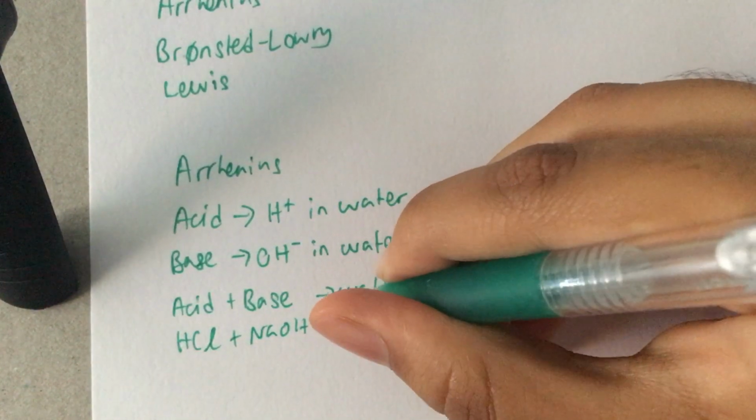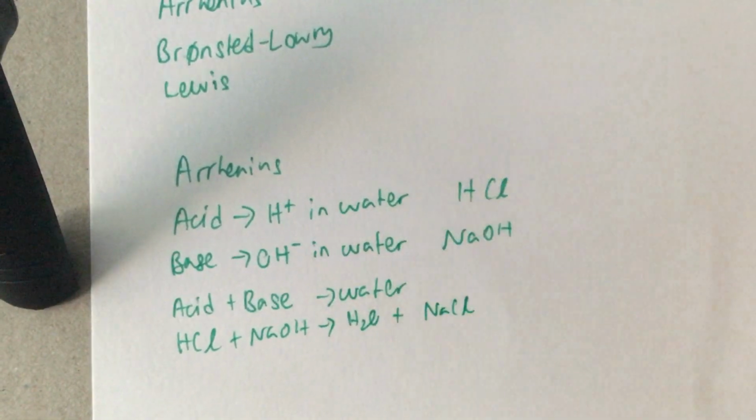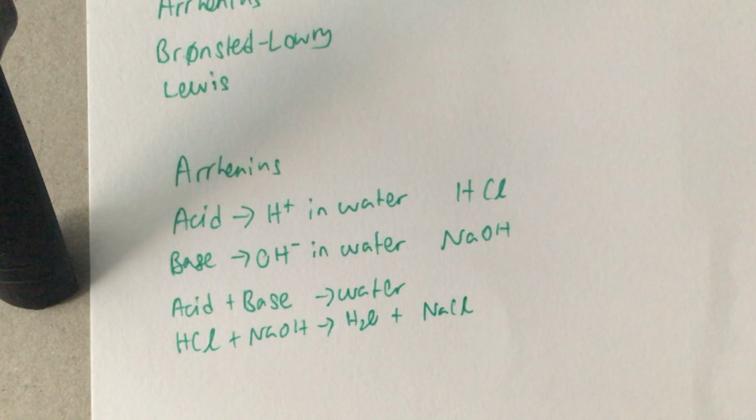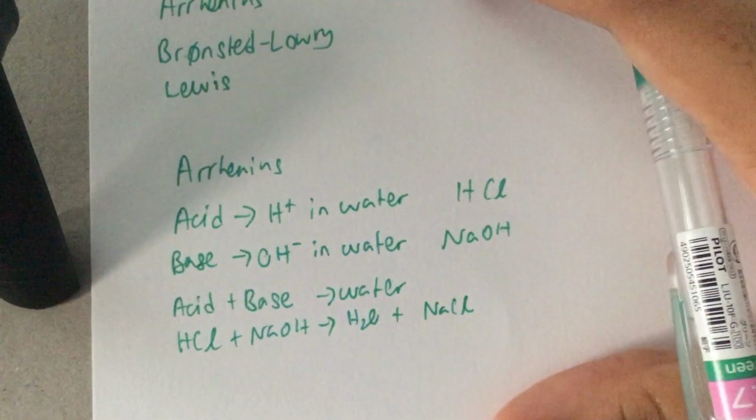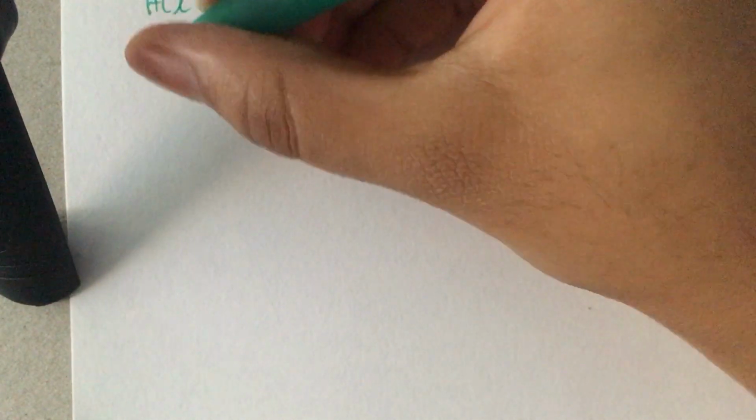Okay, so the next one, a newer theory compared to Arrhenius theory, is the Brønsted-Lowry theory. The idea is that instead of putting it as H plus and OH minus specifically, they're more focused on the H plus aspect of it.